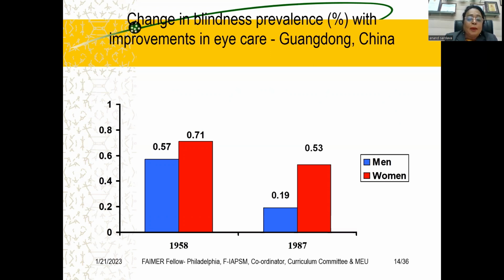From 1958 to 1987, the data shows that the number of blind men and women was reduced as a result of the program, but the blindness decreased to a greater extent in men than in women. This is one of the things that we need to take into consideration.